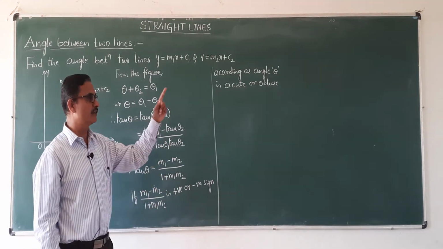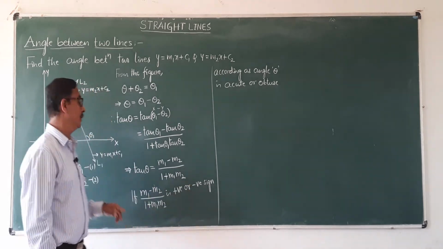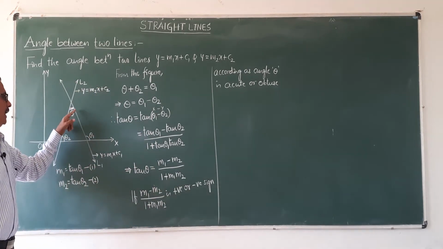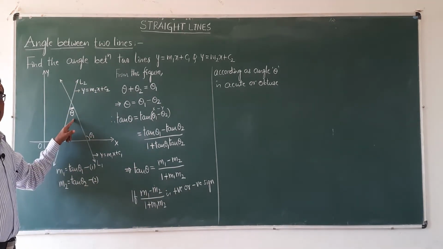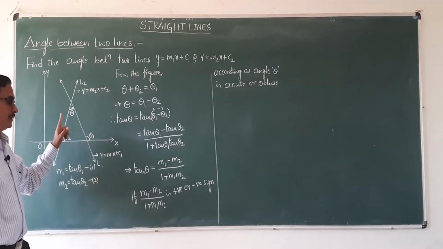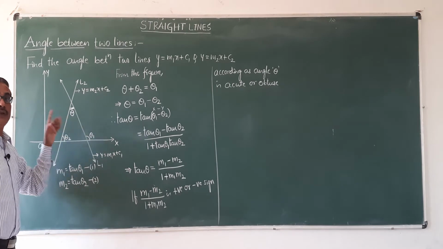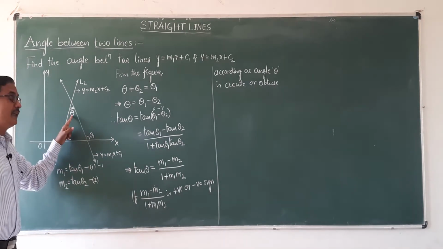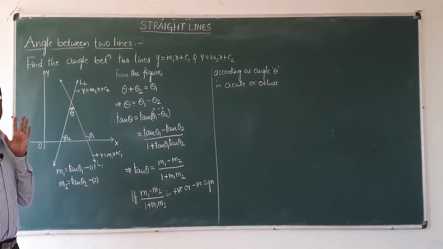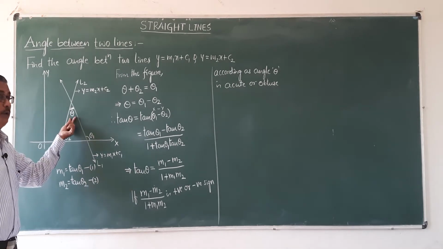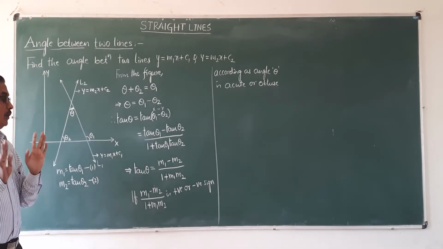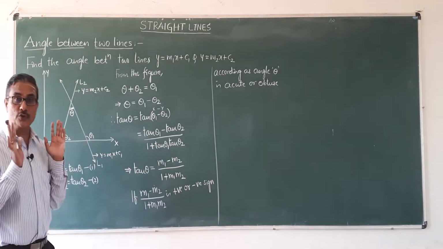If angle theta is obtuse, its value is negative. But here observe it, that angle theta is acute or obtuse? Clearly it is acute. Acute means only positive value. If we require only acute angle between the lines, not obtuse angle, not negative value, only positive value.